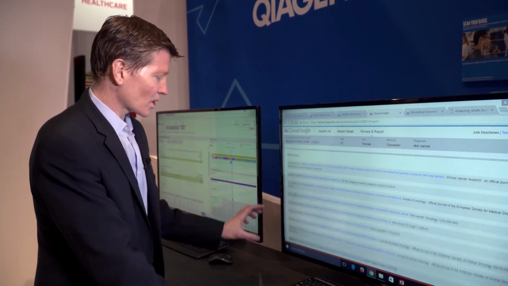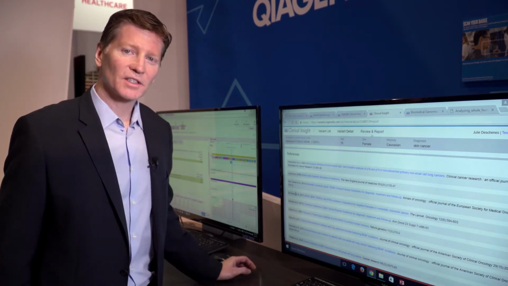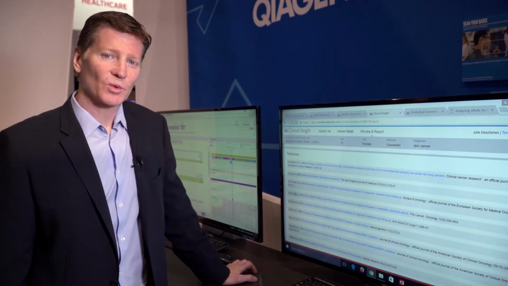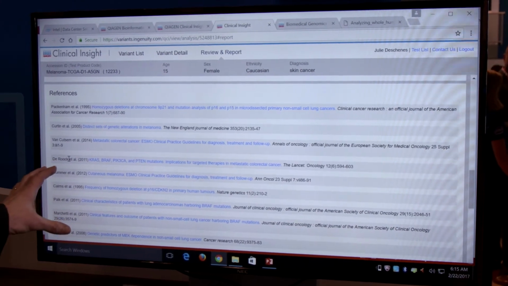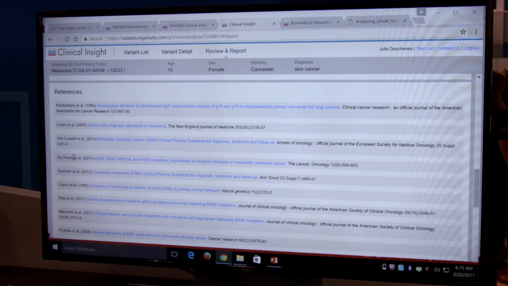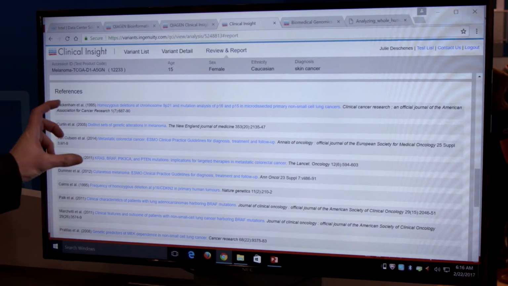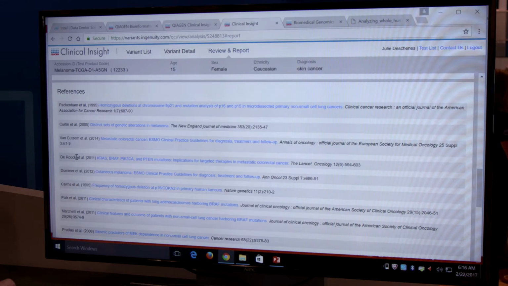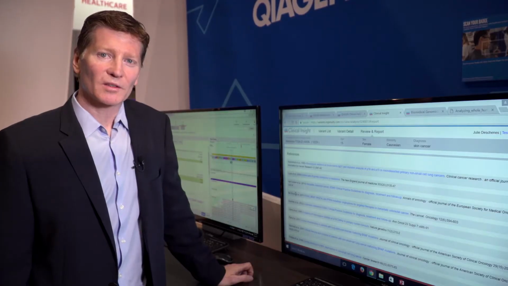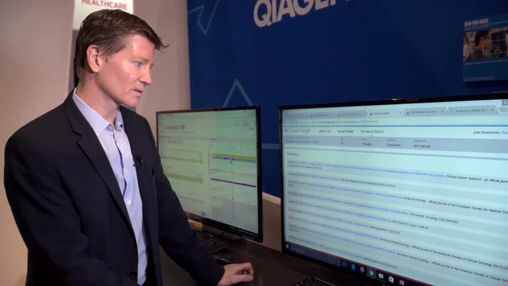With that, we're also providing the clinical testing labs within the healthcare systems with all of the available reference information, so they have traceability to why particular treatments and trials were identified and being reported out to a physician so that the physician can review the evidence supporting what is being reported out by the lab, and this is critically important.